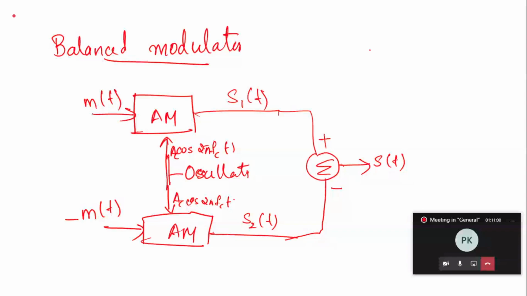So what will be s1(t)? As you are passing m(t) and c(t) through an AM modulator, this will be the expression for your first: s1(t) = Ac(1 + Ka m(t)) cos 2πfct. And s2(t) will be equal to Ac(1 − Ka m(t)) cos 2πfct.